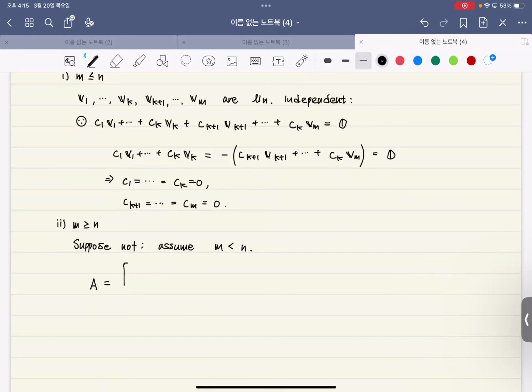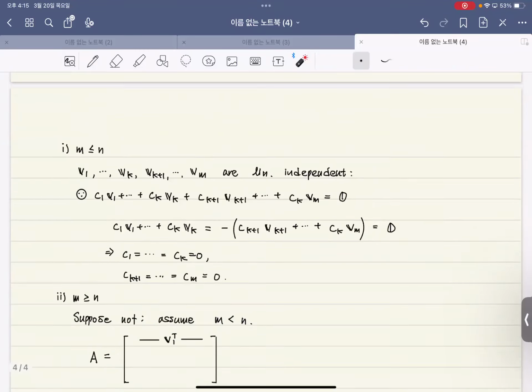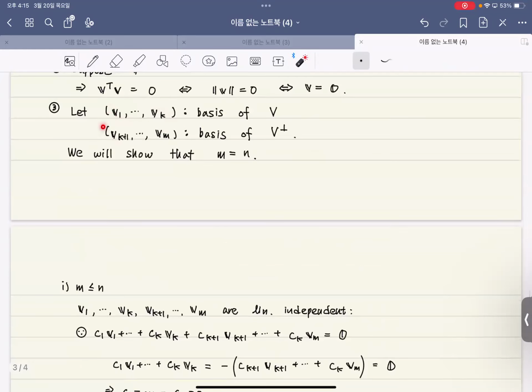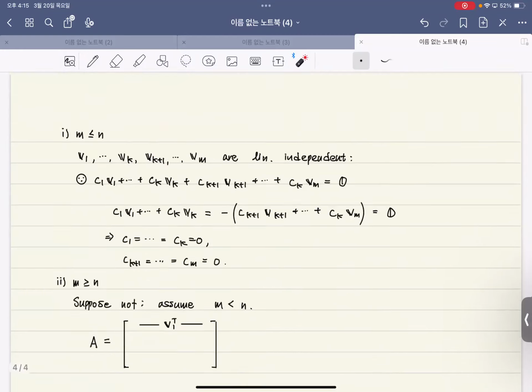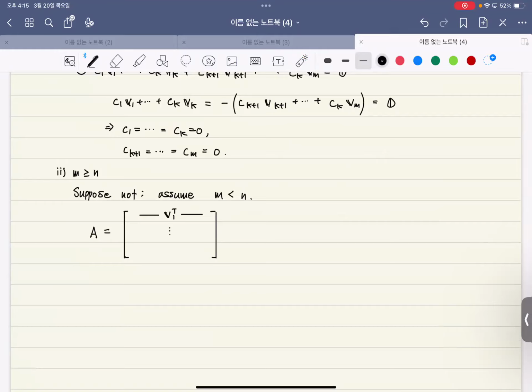I want you to consider this matrix. This is a matrix given by every row of this matrix being just these basis vectors. So I have m basis vectors here, and the rows of this matrix consist of these basis vectors from 1 to m.